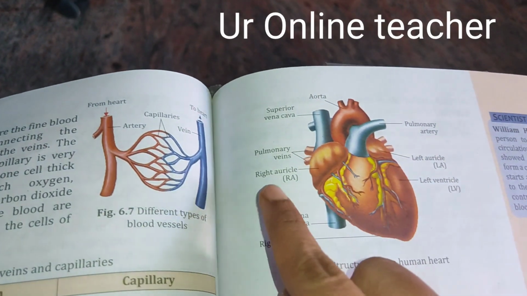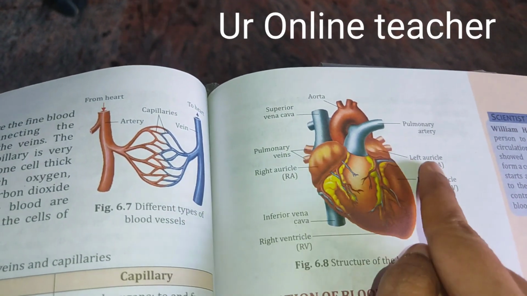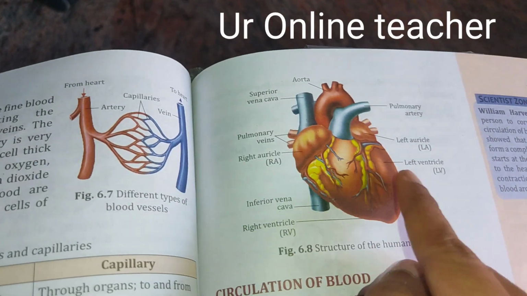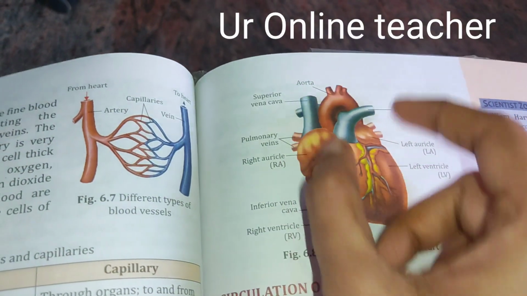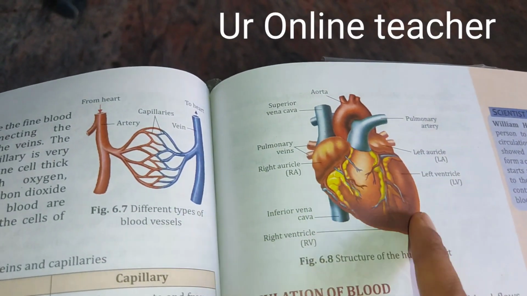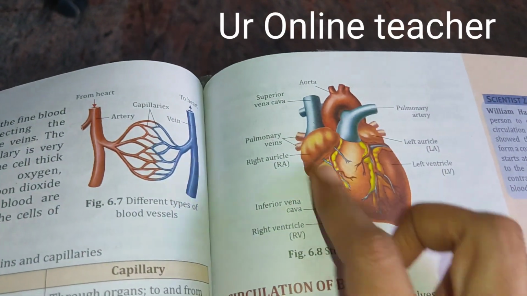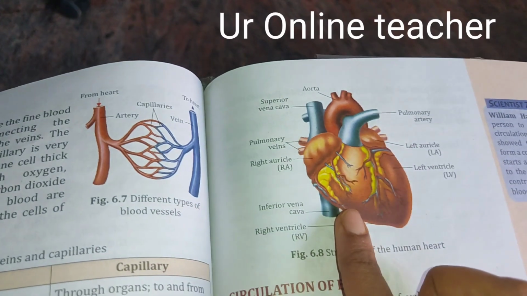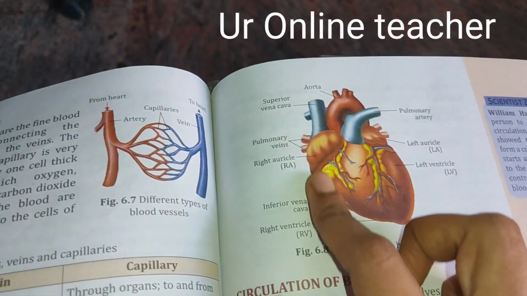See here, right auricle, left auricle, right ventricle, left ventricle. So like this it has four chambers: right auricle, left auricle, right ventricle, left ventricle.